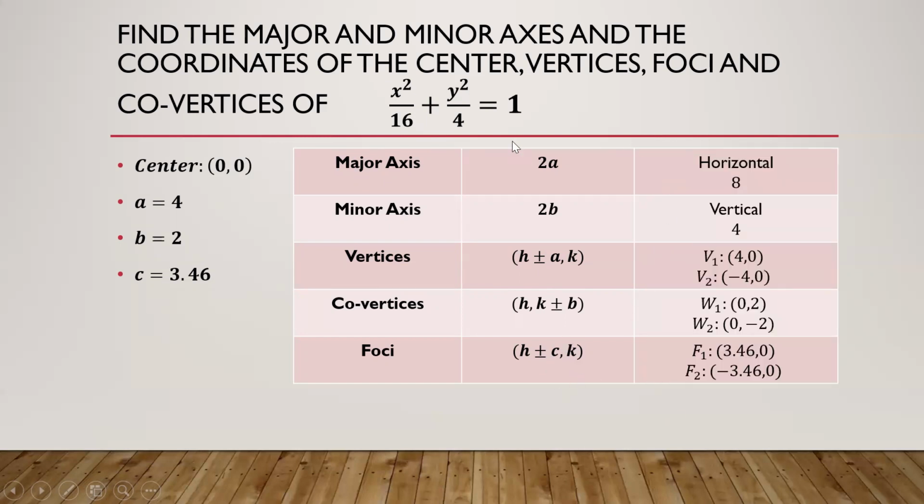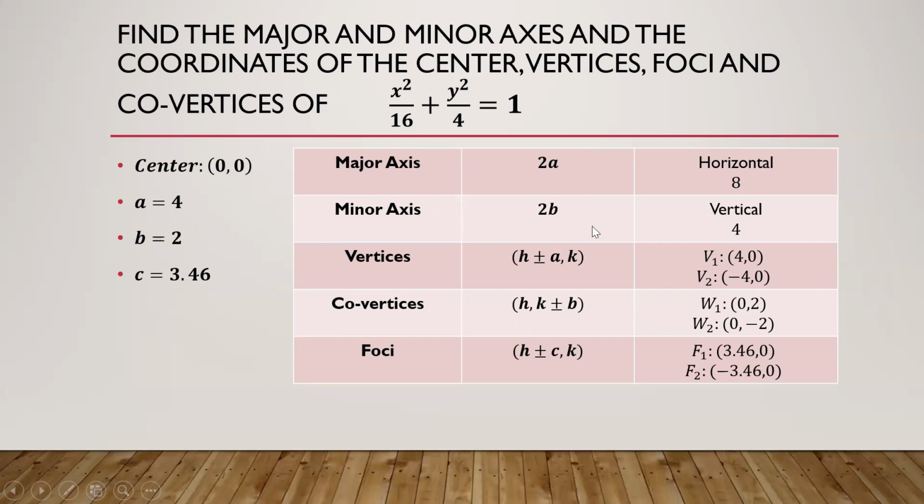Earlier we already determined the orientation of the major axis, which is horizontal. So now we simply have to compute for 2a. So 2 times the value of a, which is 4, so that gives us 8.